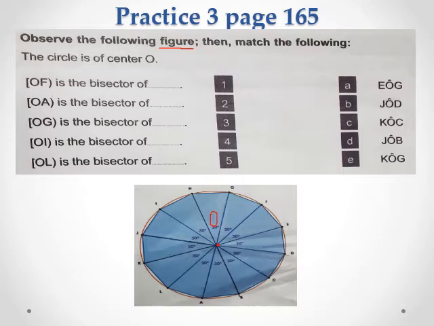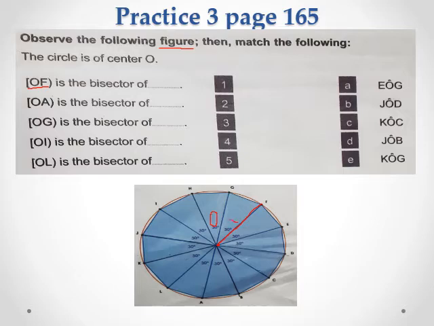The first part is: OF is the bisector of which angle of these labeled from A to E? We know that the bisector is a semiline that divides the angle into two equal adjacent angles. So this is the segment OF. It's the bisector of what? Let's take a closer look.